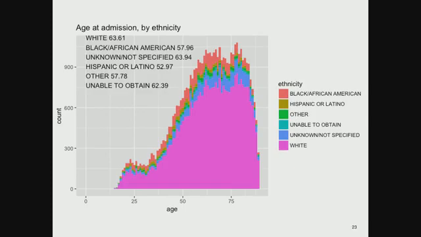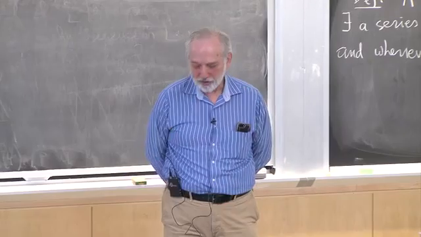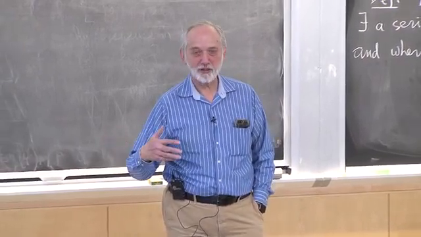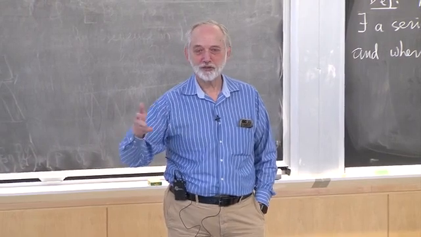If you do it by ethnicity, it turns out that African Americans, on the whole, are somewhat younger than whites, and Hispanics are somewhat younger yet. So that means that those subpopulations apparently need intensive care earlier in life than whites. So this is a topic that's very hot right now, discussions about how bias might play into healthcare.